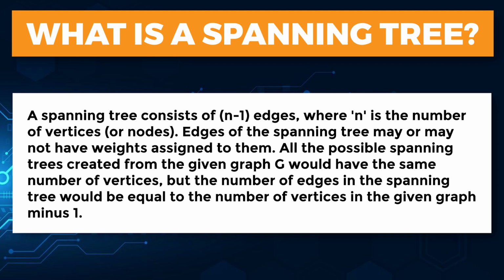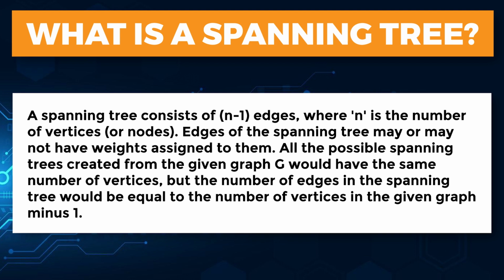So, when we cover n minus 1 edges, it should be a part of a spanning tree, where n is the number of vertices or nodes. Edges of the spanning tree may or may not have weights assigned to them.